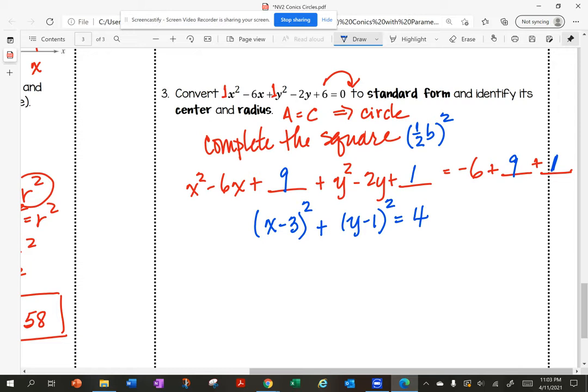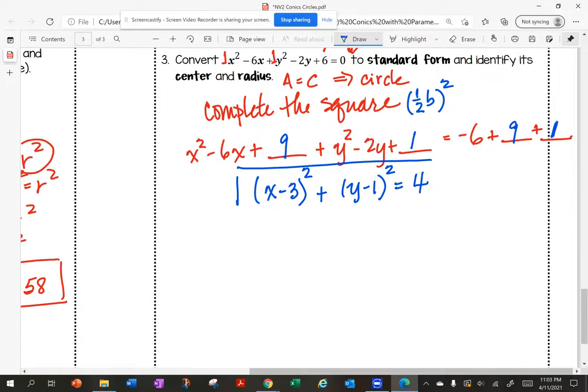So my center, it's asking me to find the center and the radius. So my center is at 3, 1, and my radius is 2. Square root of 4 is 2.